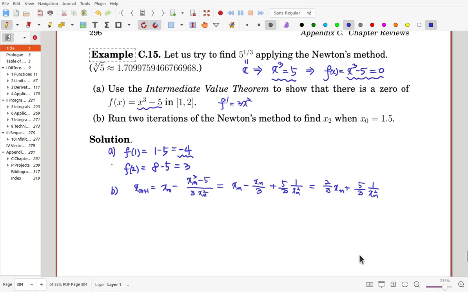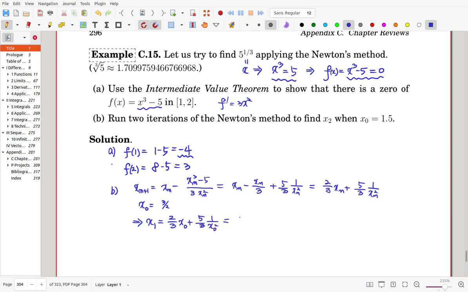Okay, we'll use that. Here x0 is 3 over 2. From this, x1 equals 2 over 3 x0 plus 5 over 3 times 1 over x0 squared.